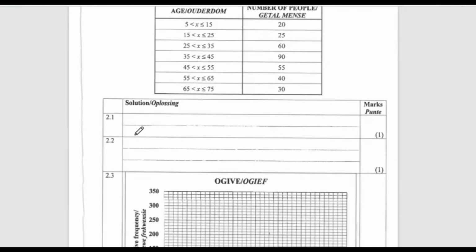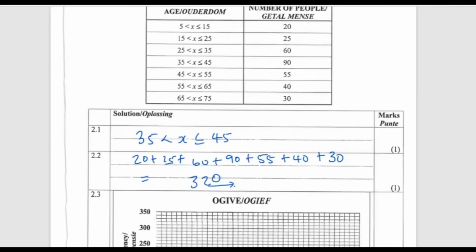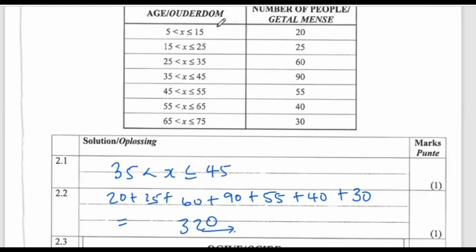So I have 20 plus 25 plus 60 plus 90 plus 55 plus 40 plus 30. And the total that I'm ending up with is 320. So this is the number of people that attended that concert.